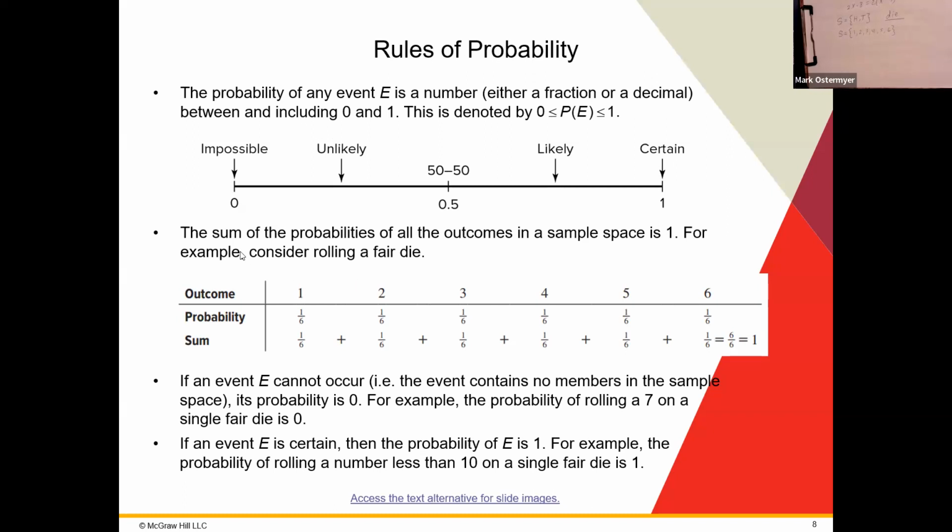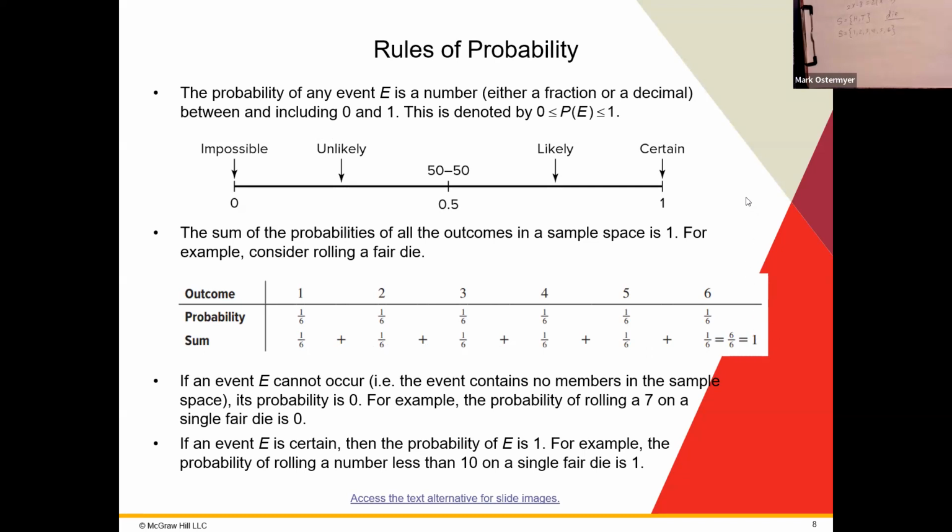Now, this is critical. The sum of all the probabilities of all the outcomes in a sample space for any probability experiment must always add up to 1. For instance, when we roll a fair die, the outcomes could be 1, 2, 3, 4, 5, or 6, assuming, because it's a fair die, that each outcome has an equal chance of occurring. The probability of rolling any one of these faces would be 1/6. Notice if you add these probabilities all together, 1/6 added to itself 6 times, you do get exactly 1, right?